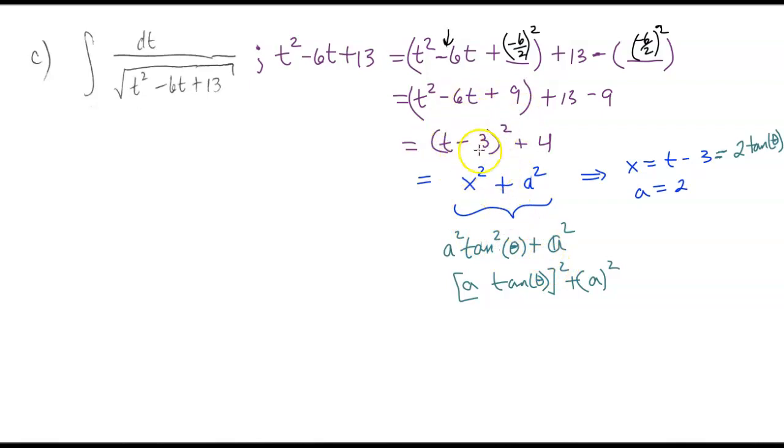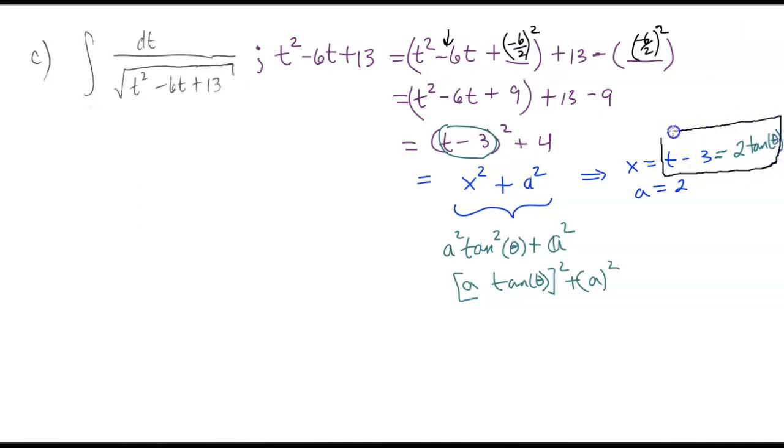So the thing that looks a little weird here is the fact that we already have this t minus 3 here. So it's like we have to do another substitution before we get to the substitution that we want. And you can kind of handle that how you want to. The way that I'm going to do it is, since I know that t minus 3 is in the place of x, and I know that that t minus 3 is eventually going to have to be 2 times tangent theta, I'm just going to start off with what I'm going to end up with and just deal with it simultaneously here.